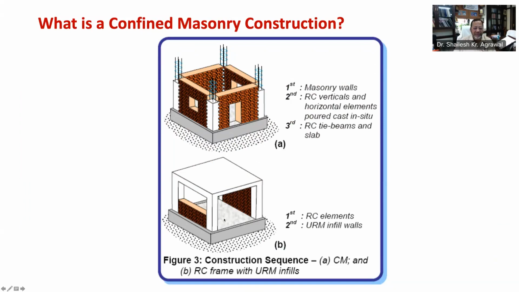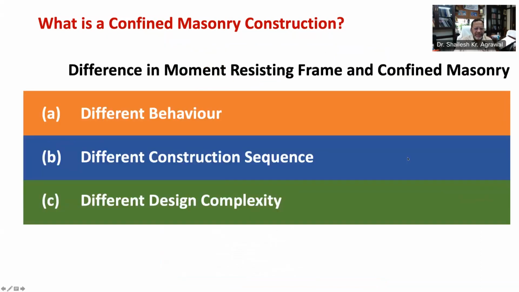Whereas you can see in figure 3b, in RCC frame construction, first the RCC frame is built, that is footing, columns, beams and slabs, and then the masonry wall panels are infilled in open bays between RCC columns and beams. The third difference is design complexity.